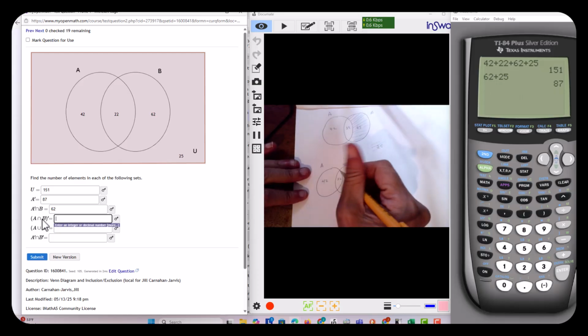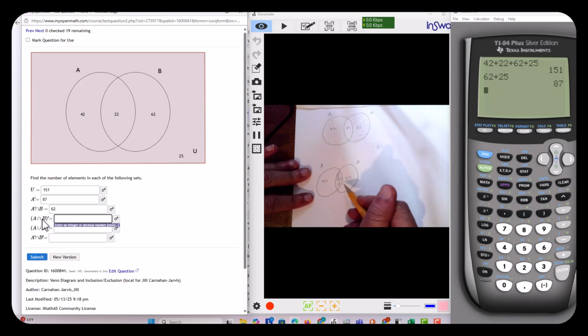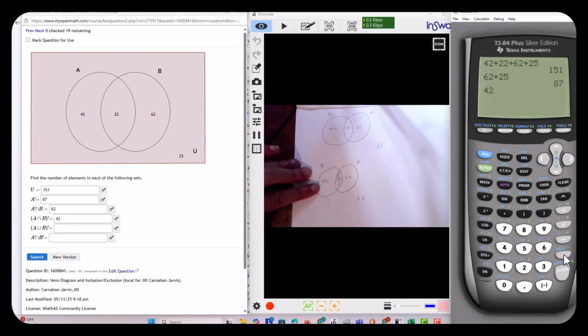So A intersect B is here. And then you want the prime of that, or the complement. So you want everything that's not in here. So that's going to be this, this, and that. So that's going to be 42 plus 62 plus 25. 129.